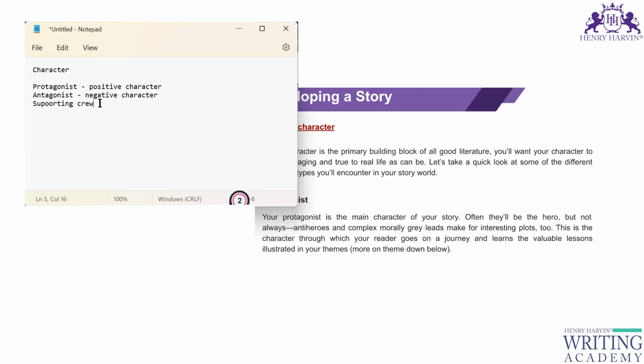Like for the protagonist, we can say parents or friends, brothers or sisters, or maybe colleagues. For the antagonist, same thing. Maybe the people who are working with them, maybe their parents again, maybe their friends. So they can all become the antagonist side. These supporting crews are very, very important because they give color to your stories.